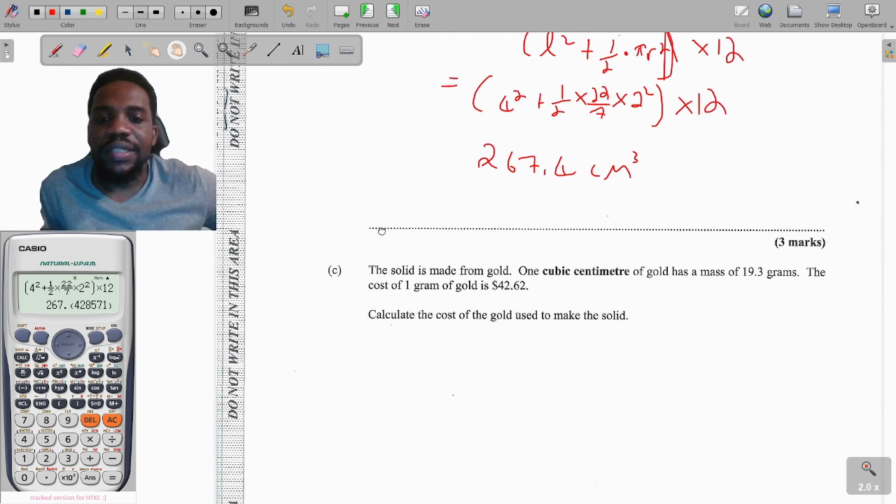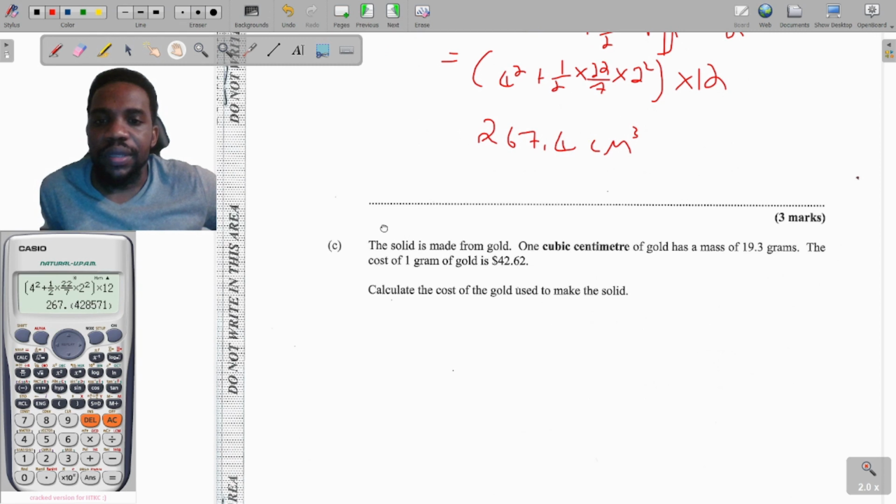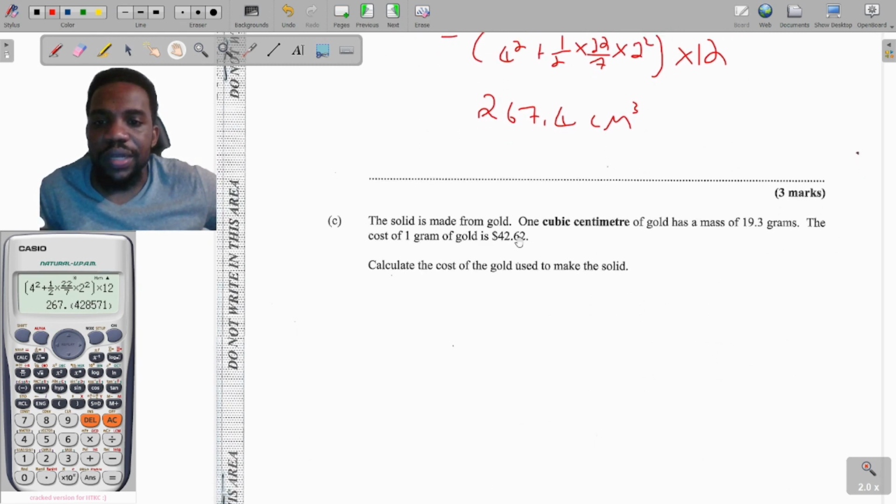Alright, the solid is made from gold. Very important here: 1 cubic centimeter of gold has a mass of 19.3 grams. The cost of 1 gram of gold is $42.62. Calculate the cost of gold used to make this solid. So this is the first thing.